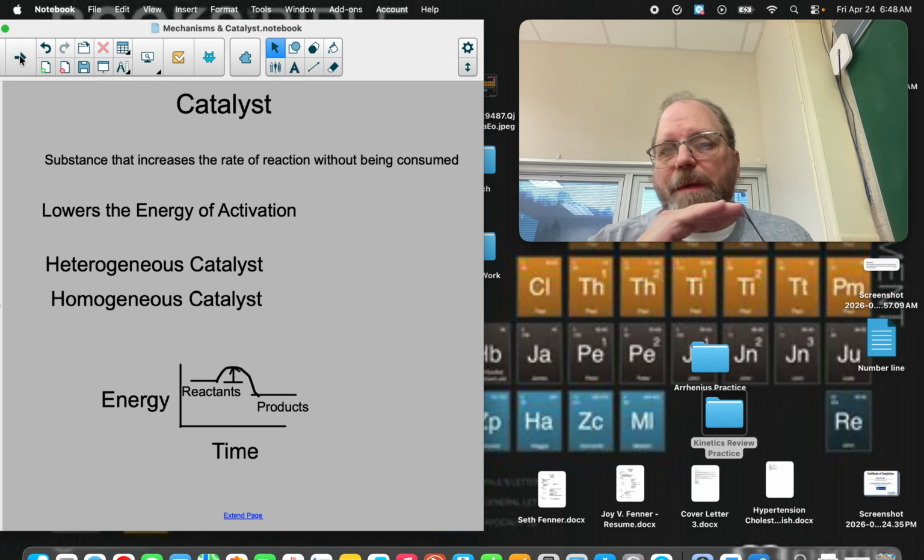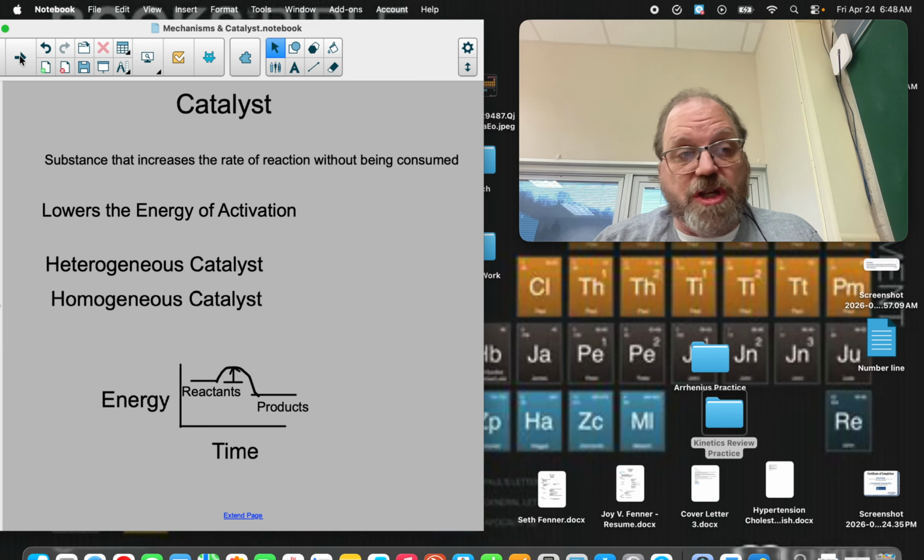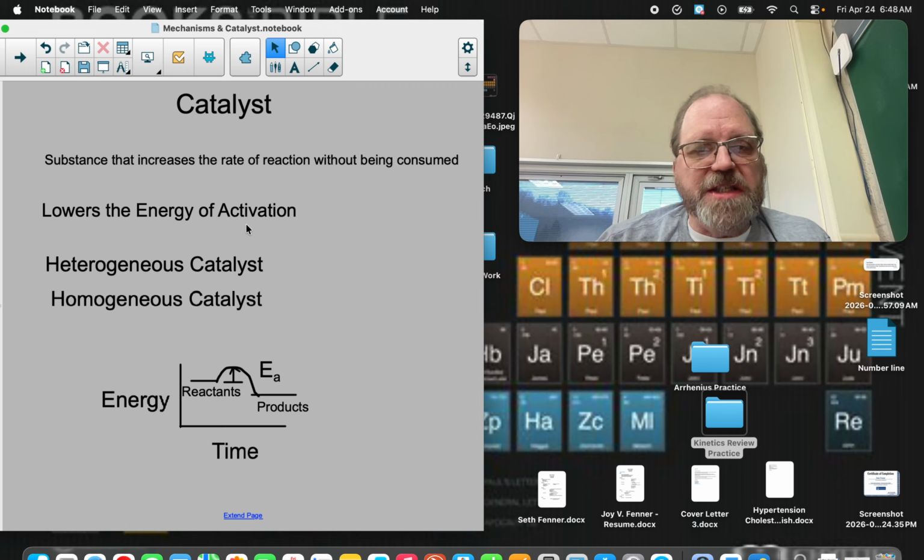It has to overcome a specific amount of energy for the reaction to start. We refer to this as the E sub A. E sub A stands for the energy of activation, which is defined as the energy needed for the reaction to proceed.